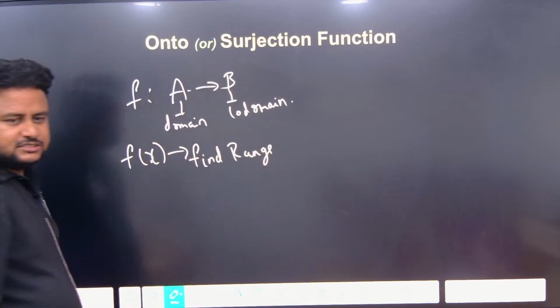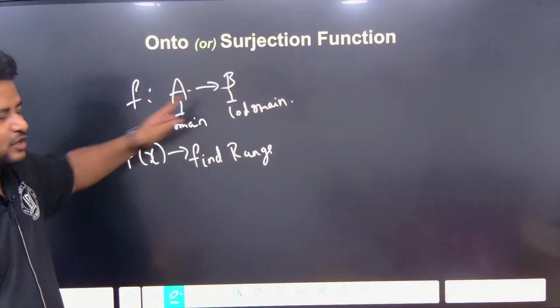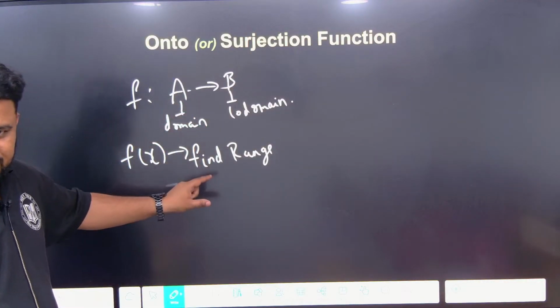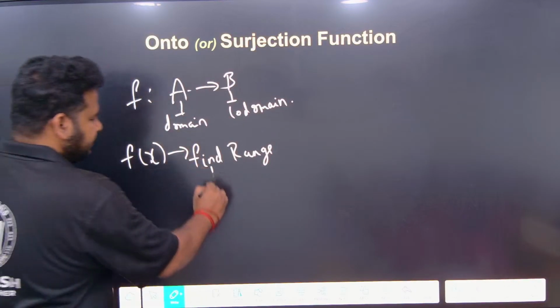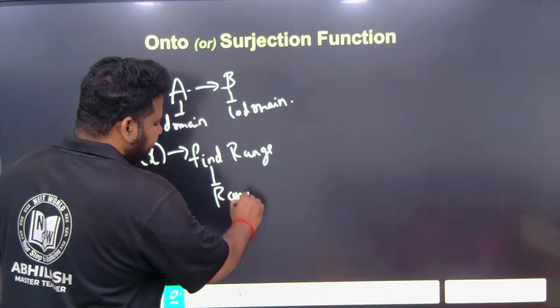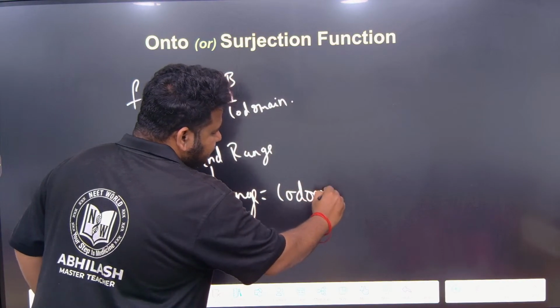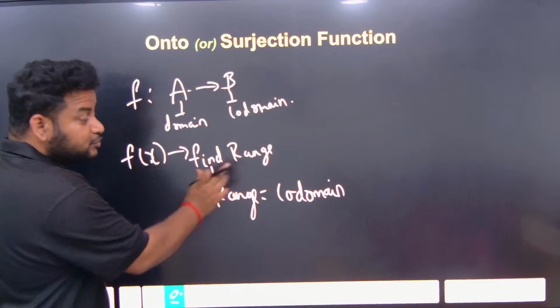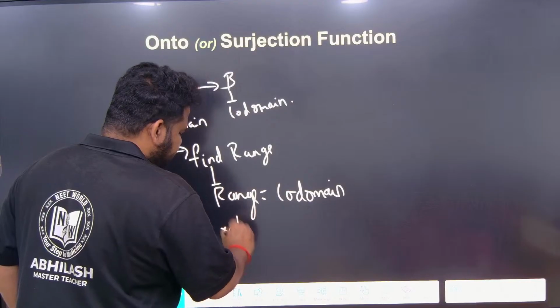Once you find the range, if this range which you find is equal to codomain, then it is onto. If this range is equal to codomain, it should be equal, then it is onto.